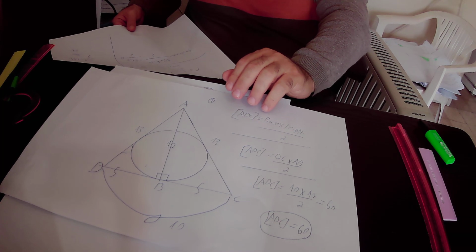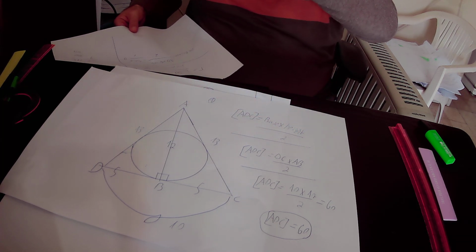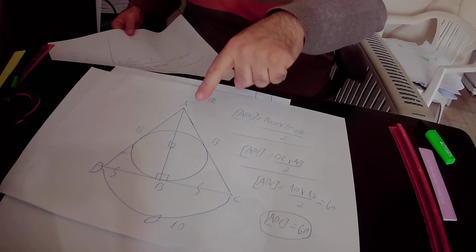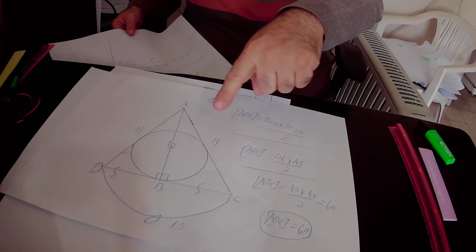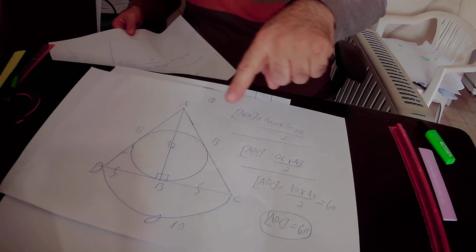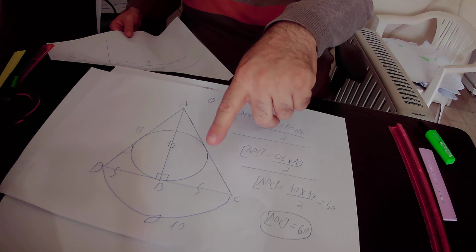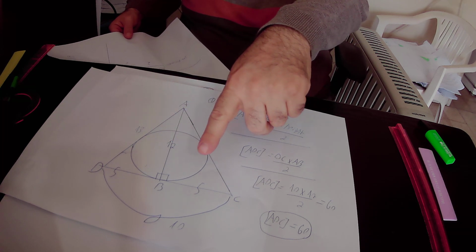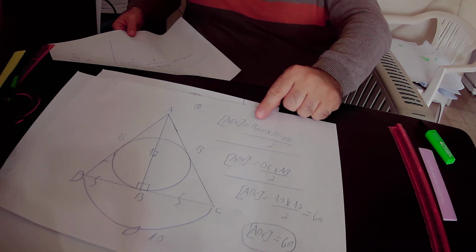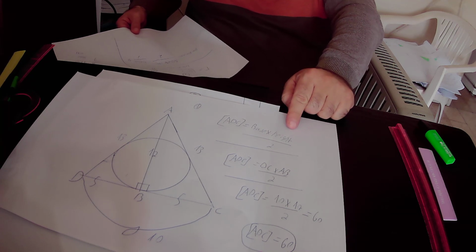Okay? And triangle ADC is an isosceles triangle with the height AB that is 12 units, AC equals 13, AD equals 13, and the base DC equals 5 plus 5, that is to say it equals 10 units. So the area of the isosceles triangle ADC equals the base times the height over 2.